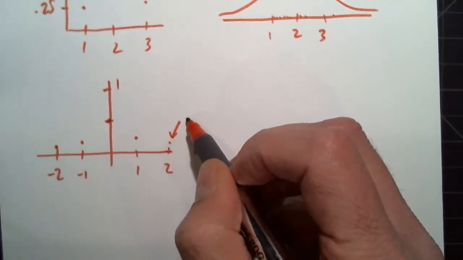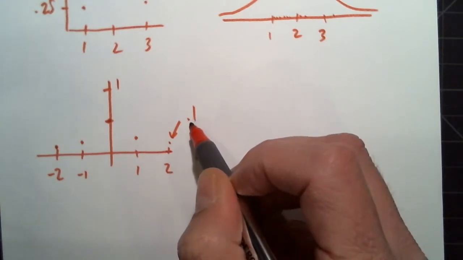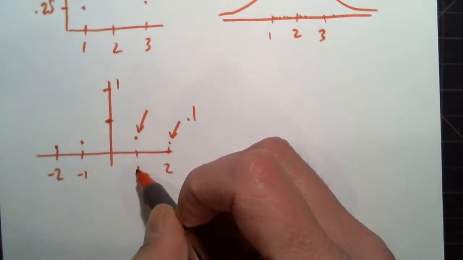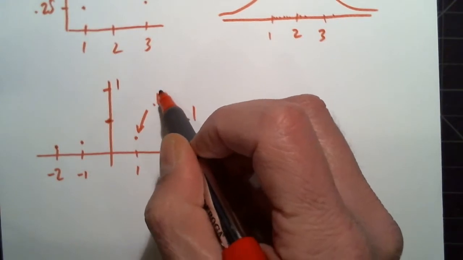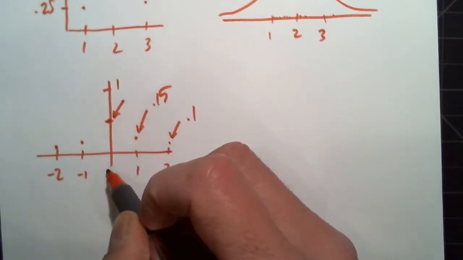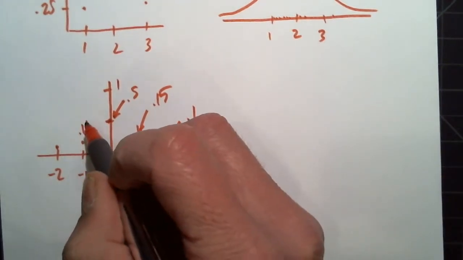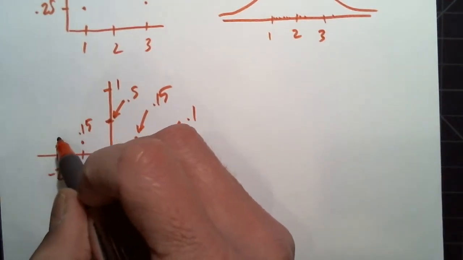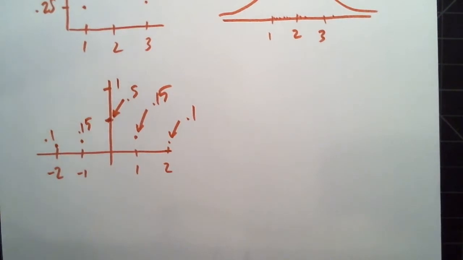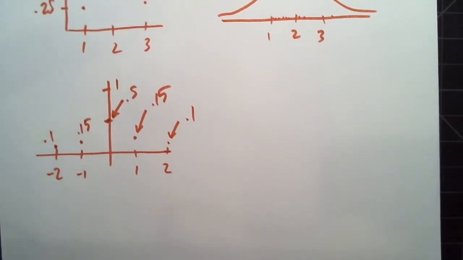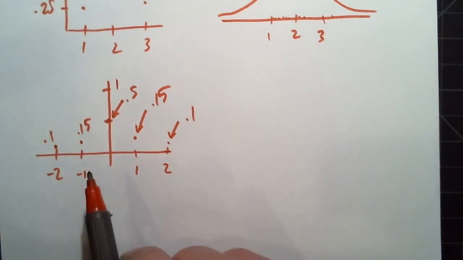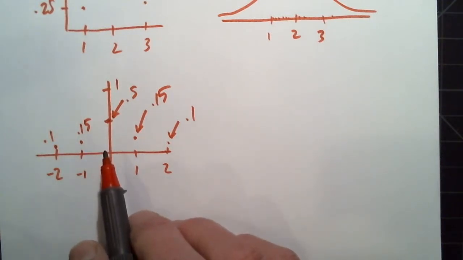And we can say that the probability of a 2 is 0.1. The probability of a 1 is 0.15. The probability of a 0 is 0.5. Then we have 0.15 and 0.1. So all of these probabilities need to add up to 1, which they do.